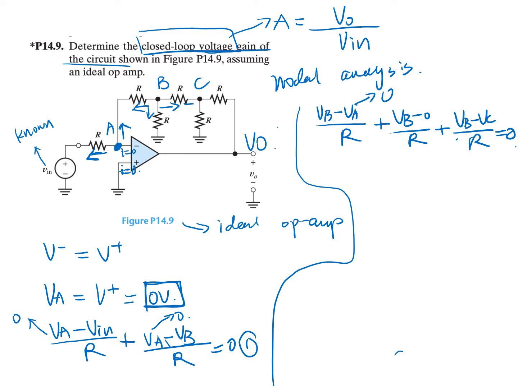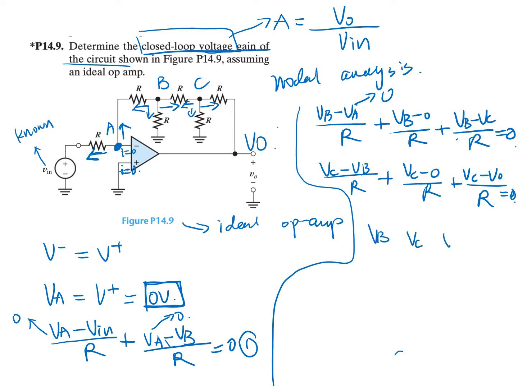And let's do that again at node C. (VC minus VB) divided by R plus (VC minus 0) divided by R plus (VC minus Vout) divided by R is equal to 0. So now we have 3 equations and 3 unknowns, that's VB, VC, and Vout.